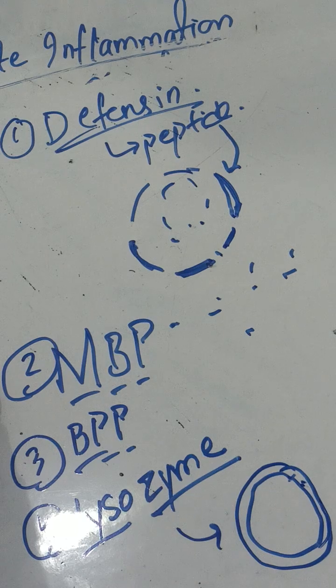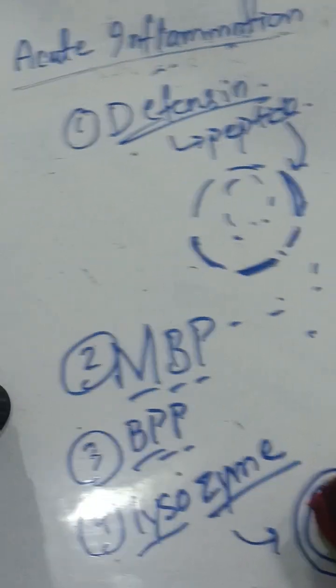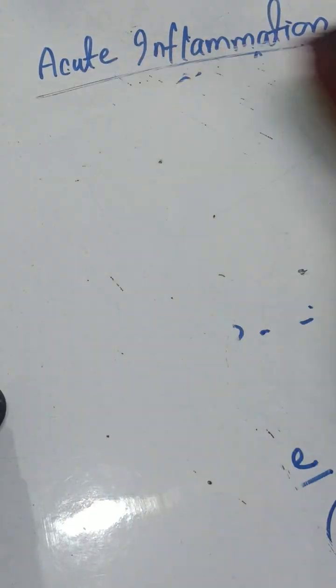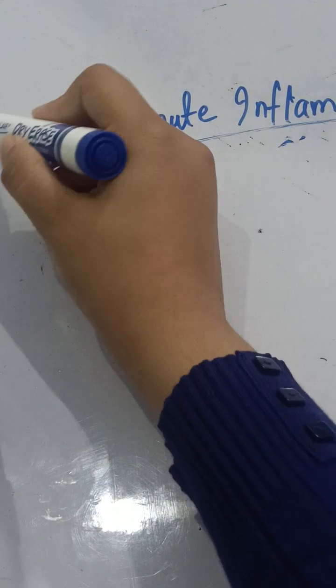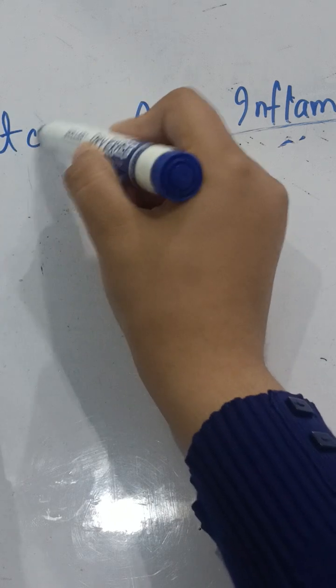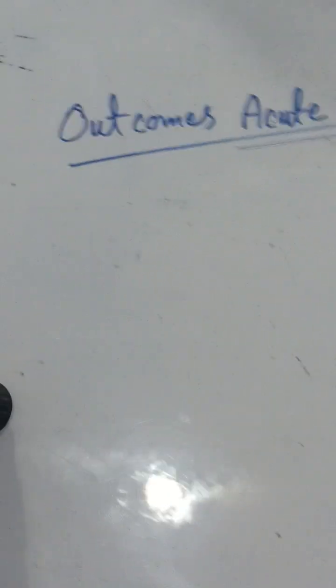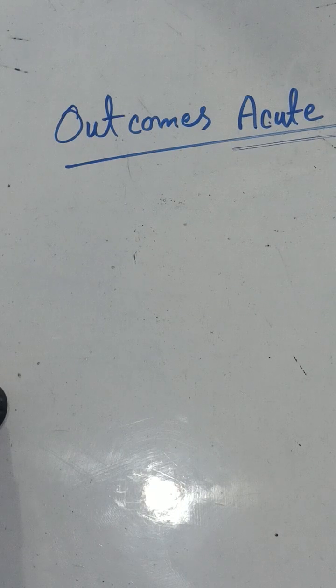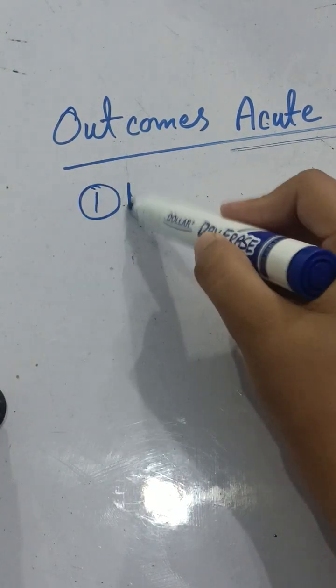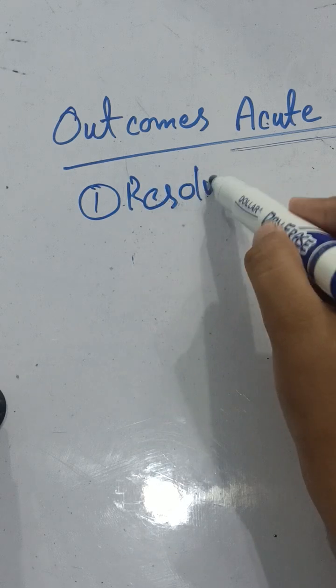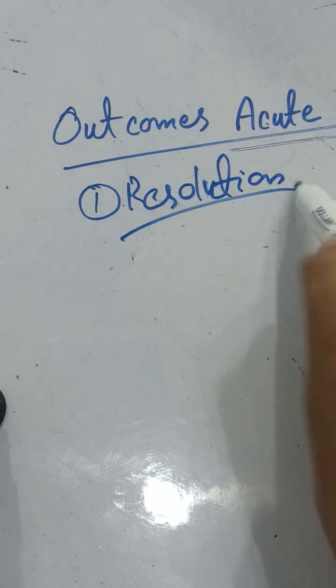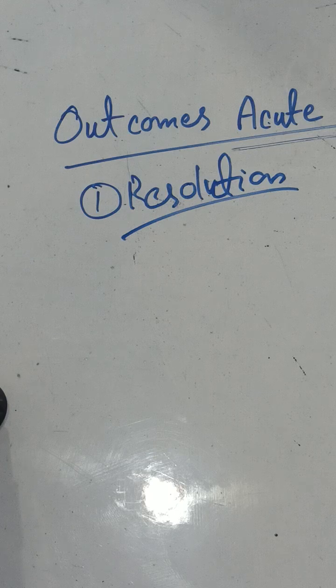The next thing that we will discuss is the outcome of acute inflammation. We have covered acute inflammation, and now we will see all the outcomes, all the results of it. We have three outcomes of inflammation. The first outcome is resolution. Resolution means the healing process.